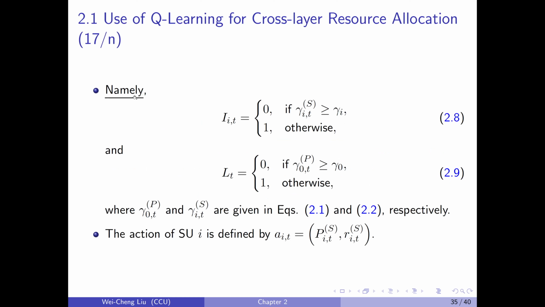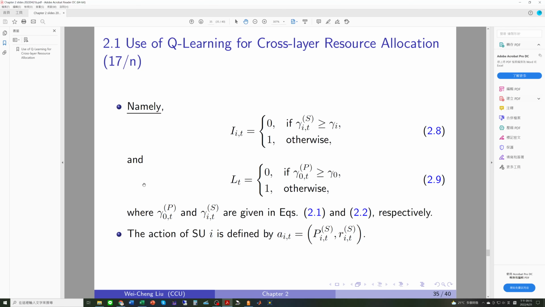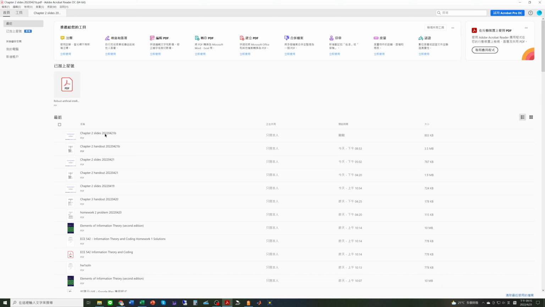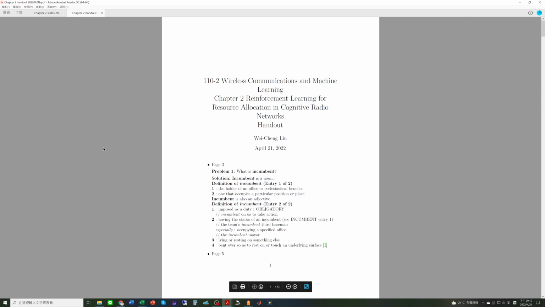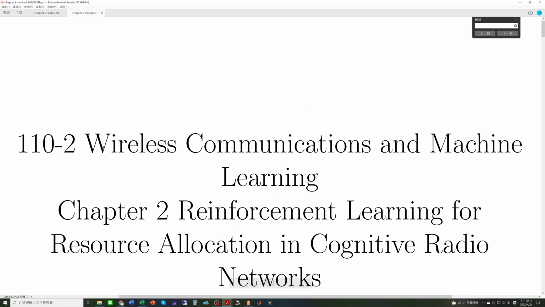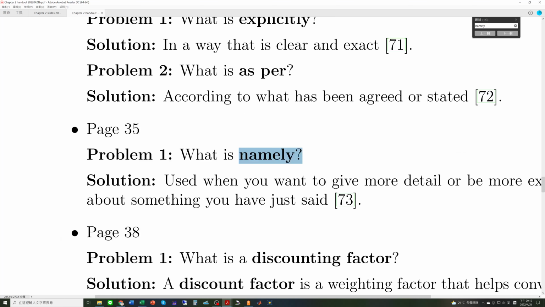Namely, what is the meaning of "namely"? Let us see the handout, page 35, problem 1.